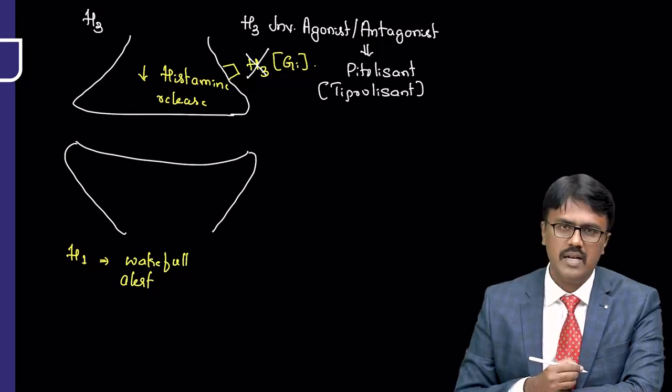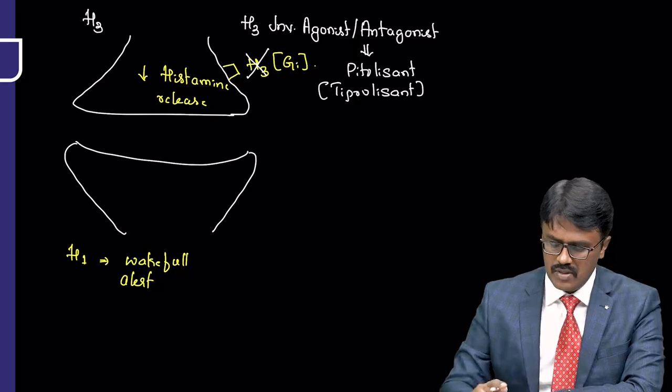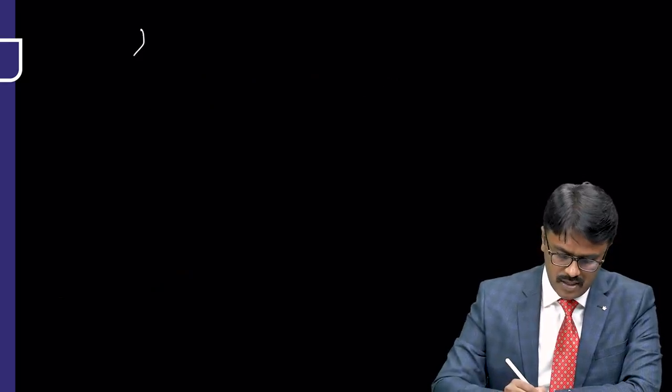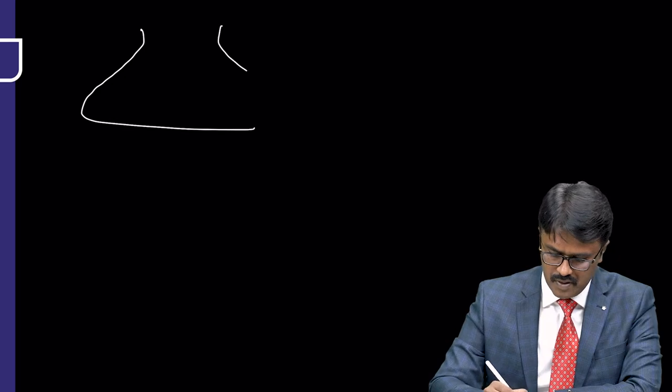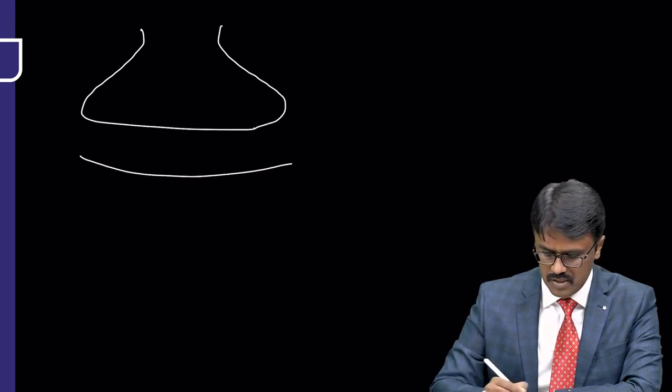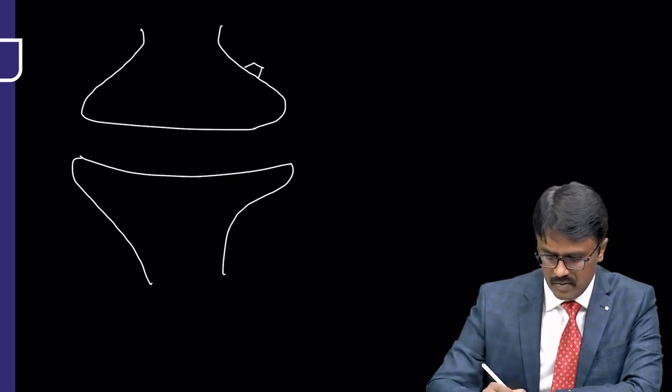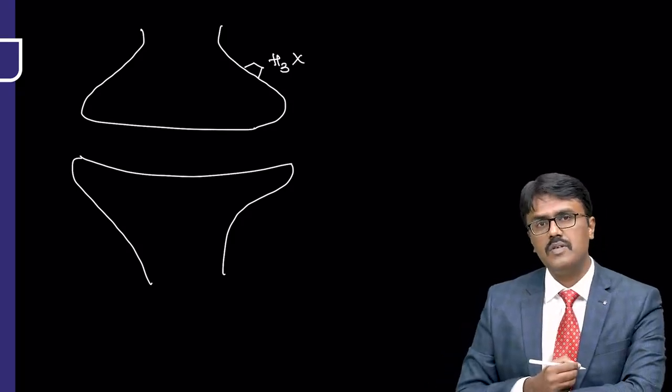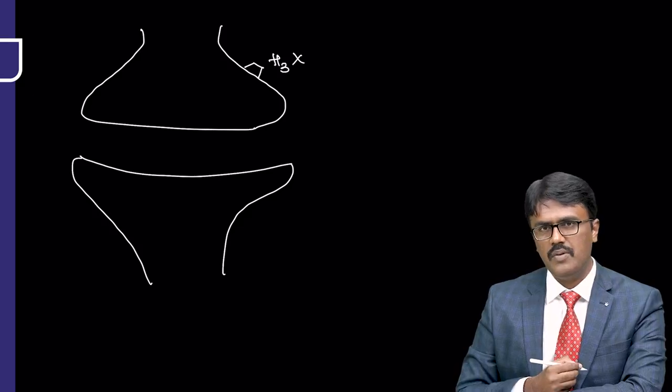So what happens when I use the drug? Let me take one more concept for you, same diagram here. When I use the drug, which is an H3 inverse agonist, this is a place where H3 is blocked. What is an inverse agonist? It produces the opposite action. You tell me, when I stimulate H3, what was happening?